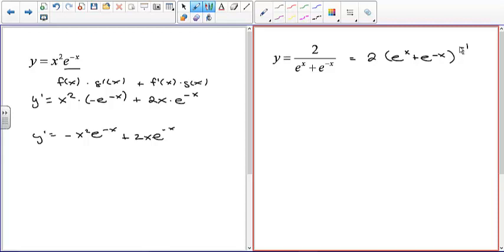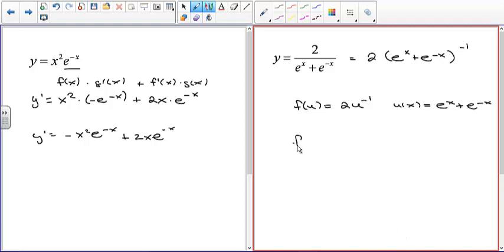So you'd have to use the chain rule. Once you've rewritten this and moved this to the numerator, you would say f of u equals 2u to the minus 1 power, and u of x equals e to the x plus e to the minus x.